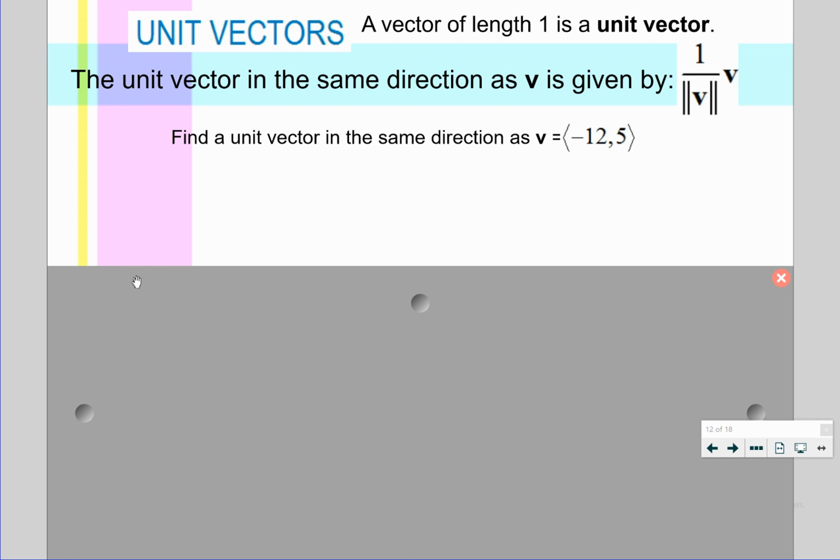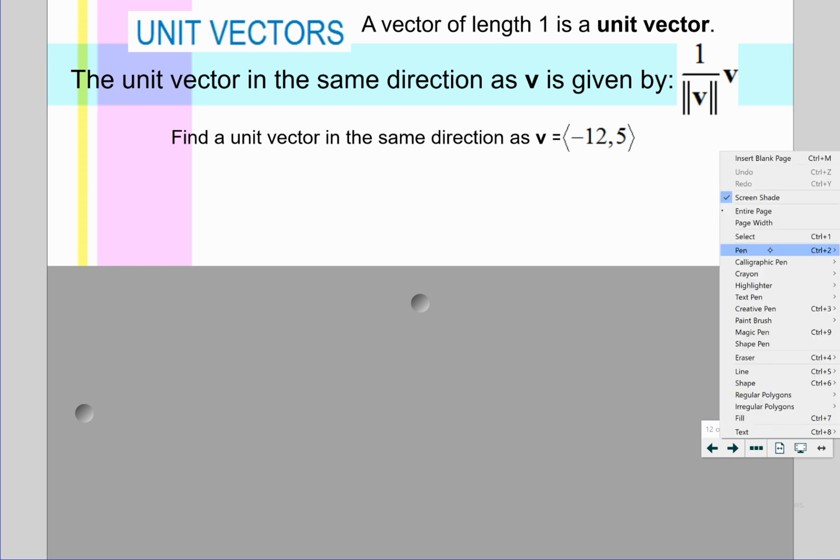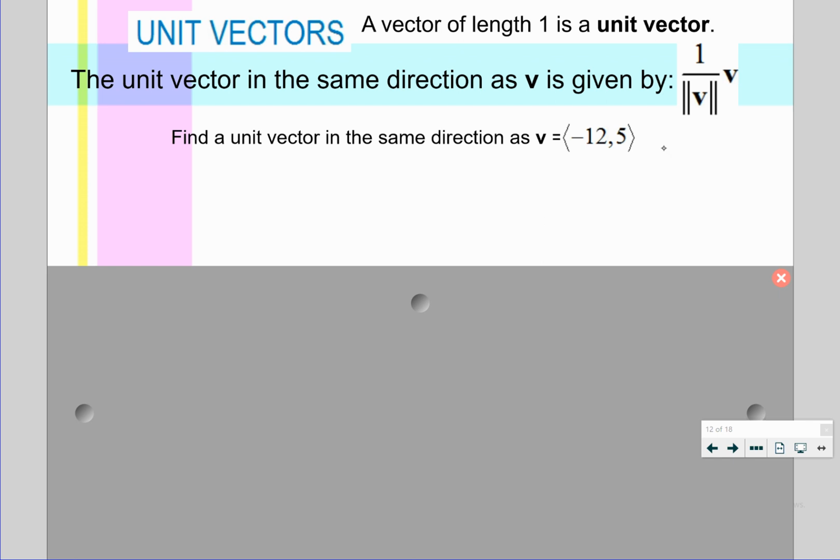For example, let's say I wanted to find a unit vector that was in the same direction as v, which is negative 12, 5. The first thing that we need to do is calculate the length of vector v.